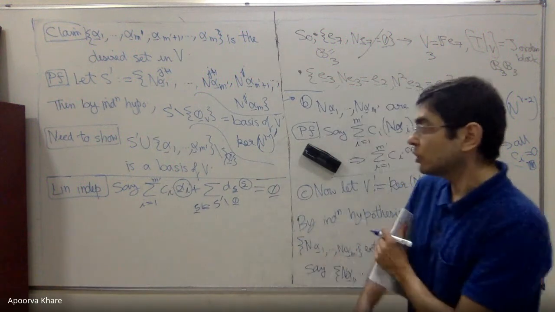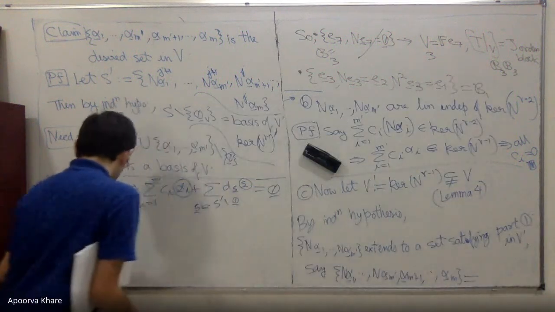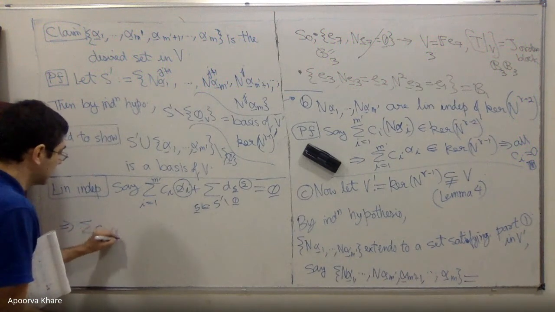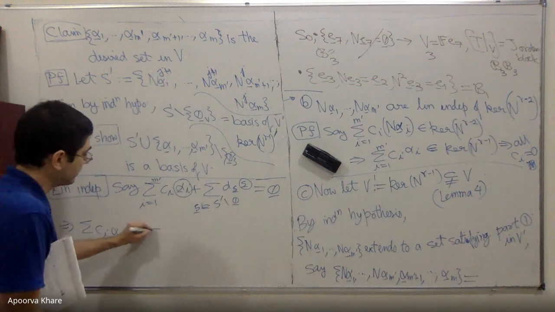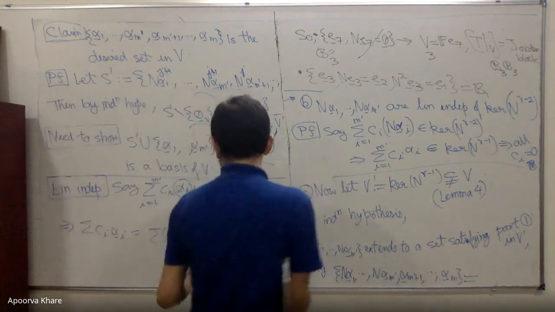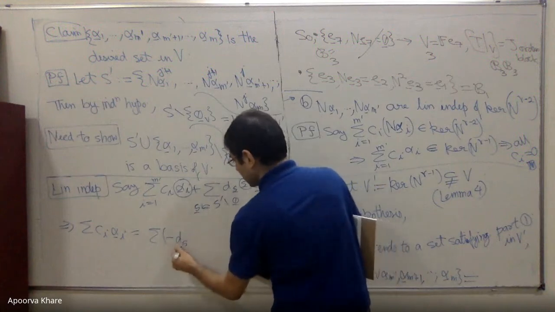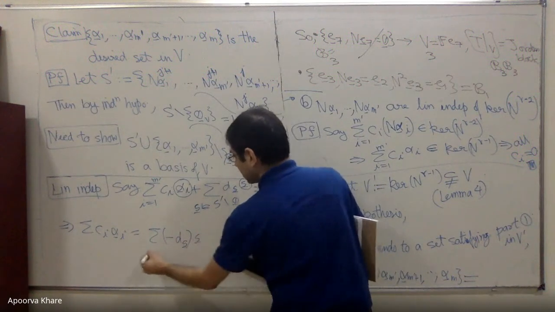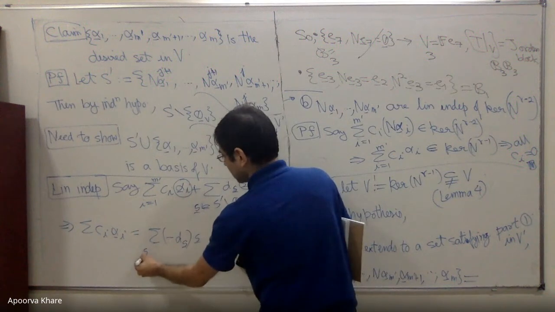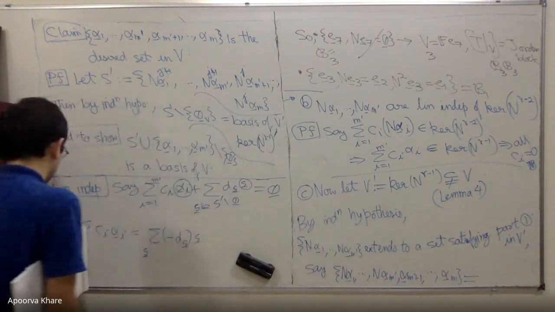Okay. But now what do we know? Okay, first of all, this means that the summation of Ci alpha i equals minus the summation of D_s times s, where s belongs to this same set S prime minus 0, and i goes from 1 to m prime.